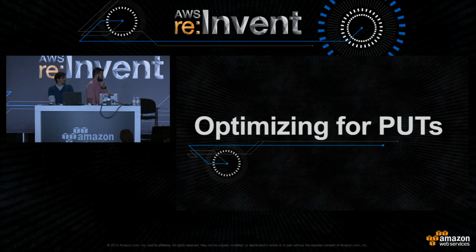So we talked about architecture, so let's talk now about how to optimize for PUTs. Usually when you're putting objects into S3, you just use the regular SDK, the console, the CLI, whatever. But when you're using the SDK, people resort to the standard way of putting objects into S3. They're not using multi-part upload, okay?